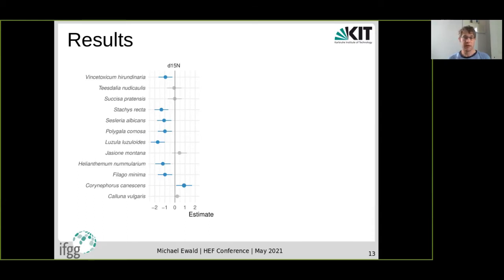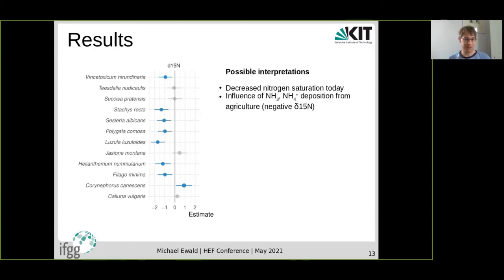And actually, we expected higher delta 15N values in the recent samples, but we observed the opposite.